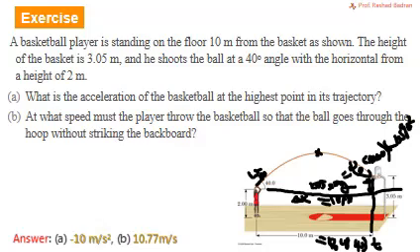So we have these two equations with two unknowns, v naught and t. We have to solve these two equations simultaneously in order to get the speed v naught, and this is the answer.